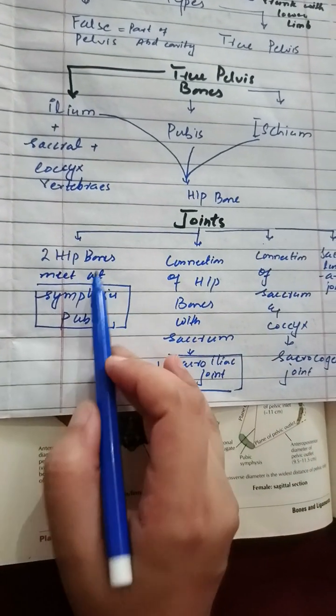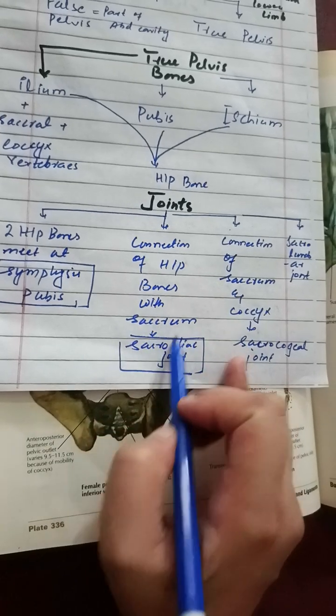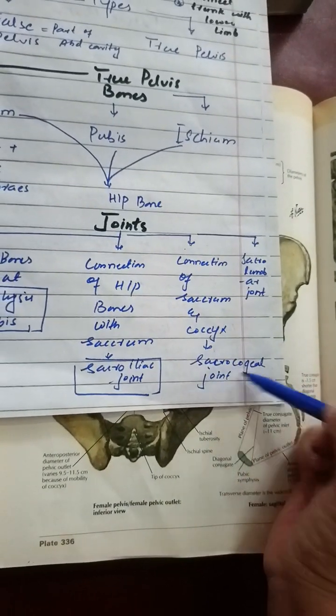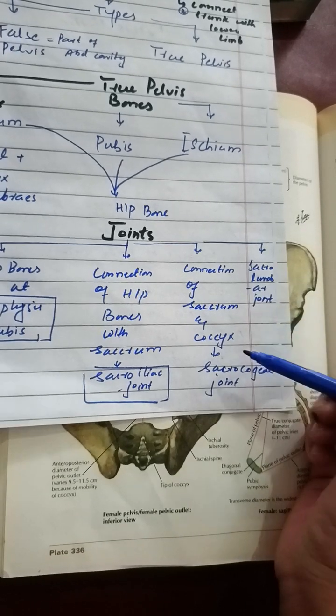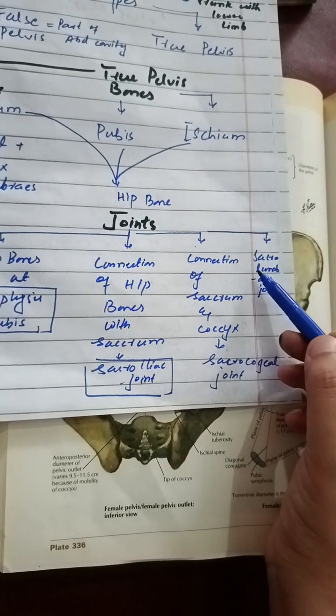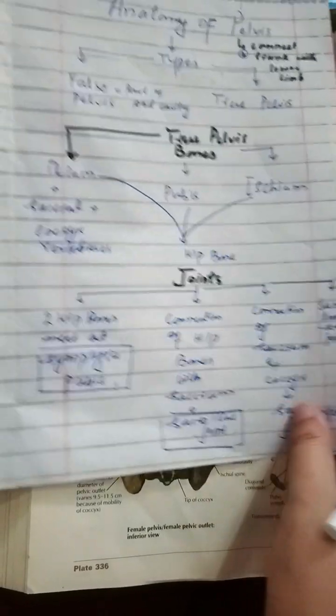The two hip bones meet at the symphysis pubis. The connection between the hip bone and the sacrum is called the sacroiliac joint. The connection of the sacrum and the coccyx is called the sacrococcygeal joint, and the connection between the sacrum and the lumbar region is called the sacrolumbar joint.